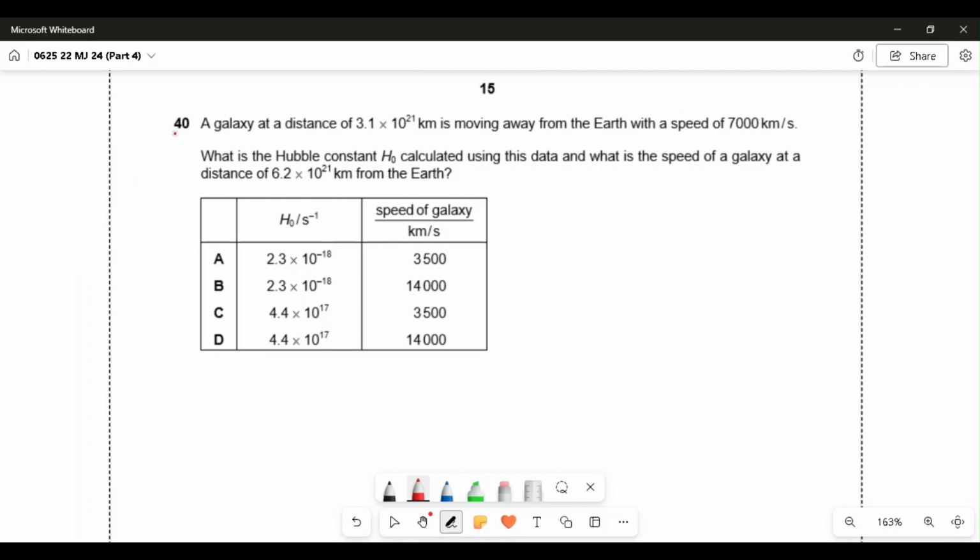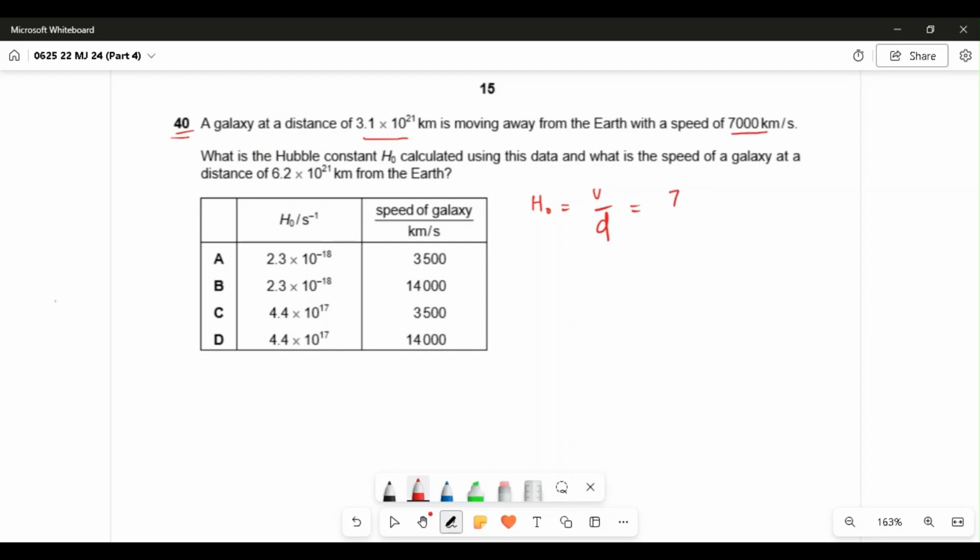Last question, number 40. A galaxy at a distance of 3.1 times 10 to the power 21 kilometers is moving away from the Earth at a speed of 7,000 kilometers per second. What is the Hubble constant? The Hubble constant, denoted by H0, is equal to v over d.